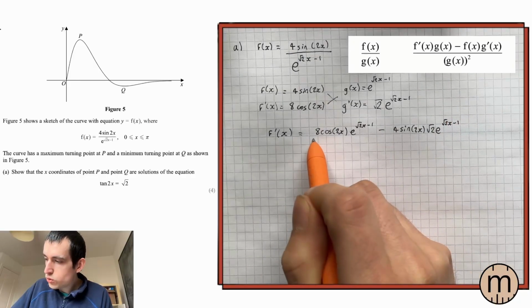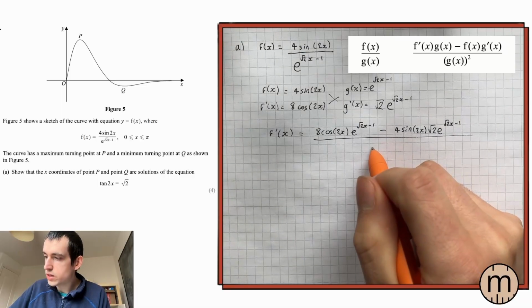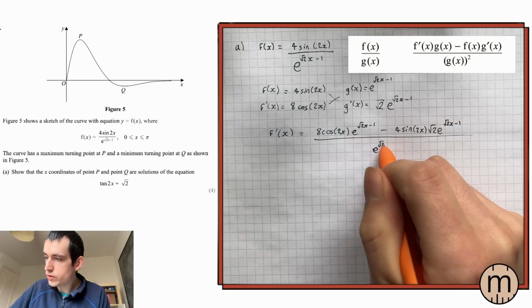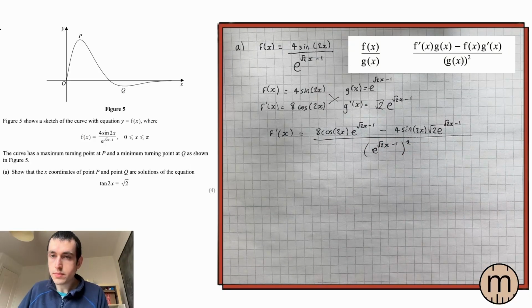All divided by, and then the formula says g of x squared. So e to the root 2x minus 1 squared.